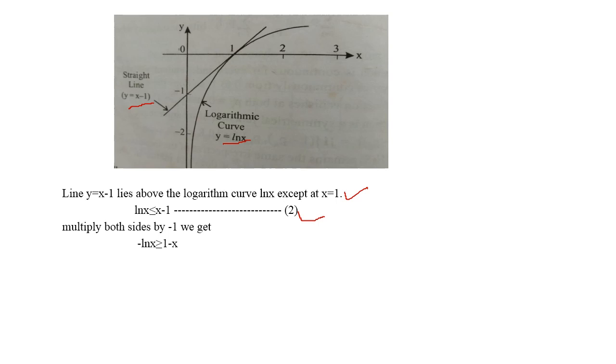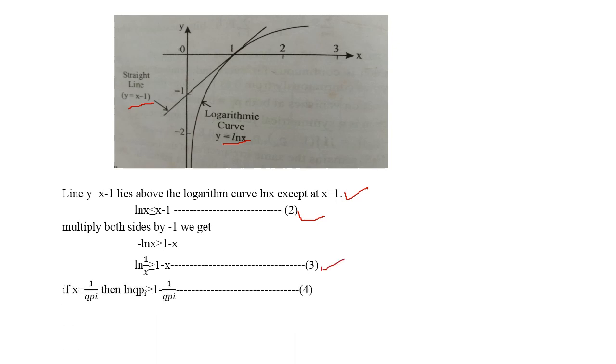So we get minus ln x, which is nothing but ln 1 by x, greater than or equal to 1 minus x. Let this be equation number 3. Now let us assume that x = 1 by Q Pi. Then we can substitute that x value. So we are going to get ln Q Pi greater than or equal to 1 minus 1 by Q Pi. Let us take this as equation number 4.